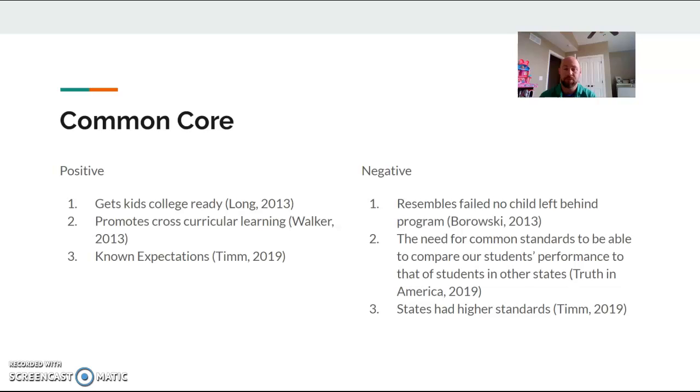3 of the negatives that I found, I looked through several of them, and the ones that I picked up on are, number 1, it resembles a failed No Child Left Behind program. For those of you that have taught as long as I have, or even longer, we saw from the article that No Child Left Behind was very tough to swallow.